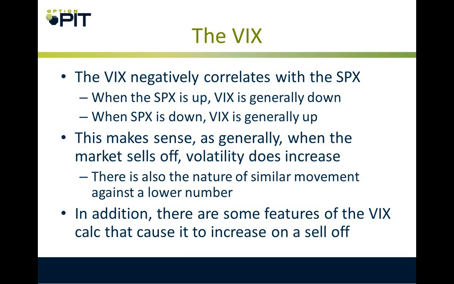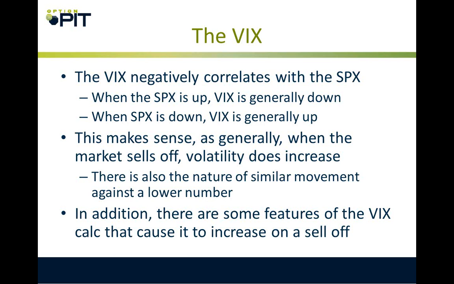Right? There's also the nature of similar movement against a lower number. So think about this. If the S&P 500 moves 10 points a day and is priced at 1,000, it's moving 1% a day. If the S&P is 2,000 and moves 10 points a day, it's only moving 0.5% a day.